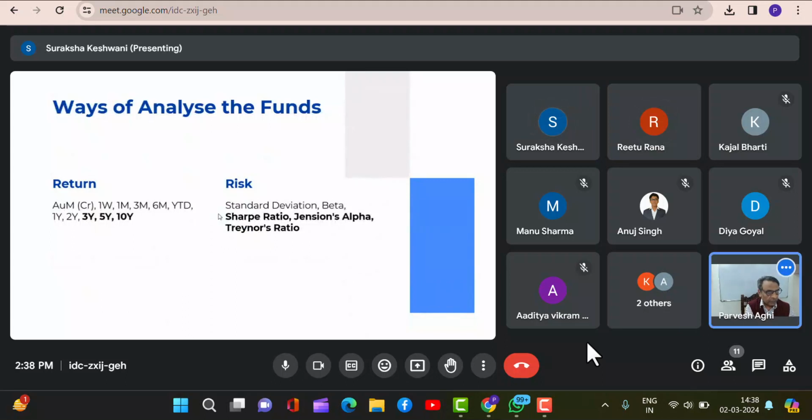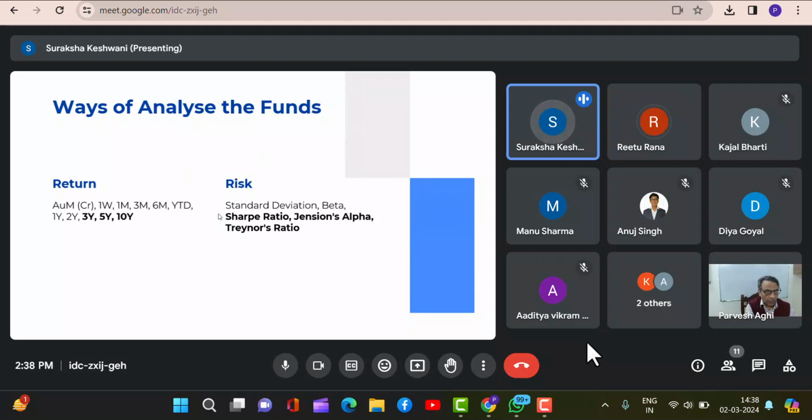Yeah. Okay, so to elaborate further, there are two aspects to analyze the funds, as Ritu mentioned: risk and return. For return, we consider AUM, which is the assets under management, and CRISIL rank, which I forgot to mention here.